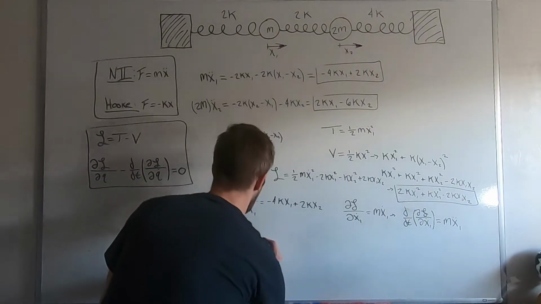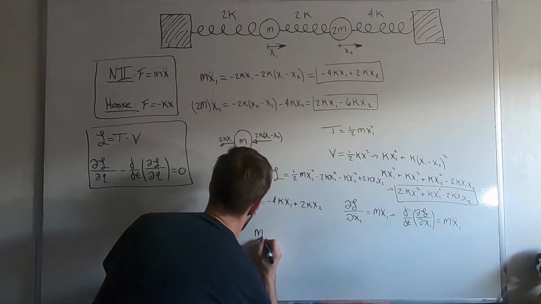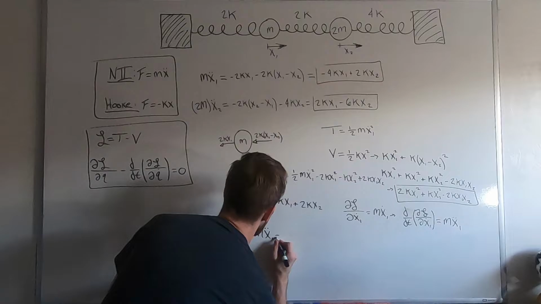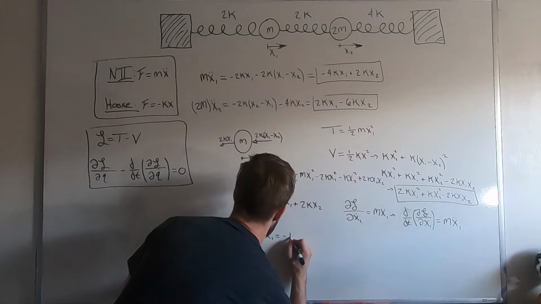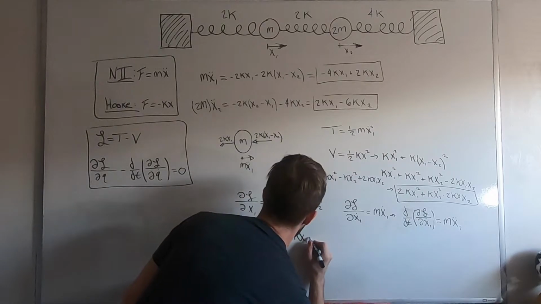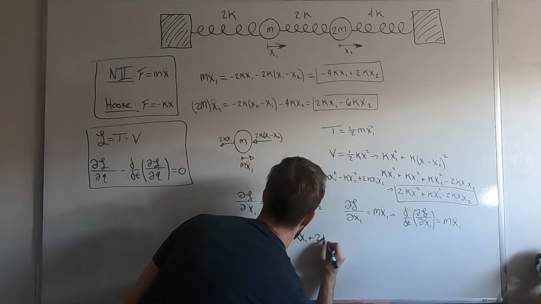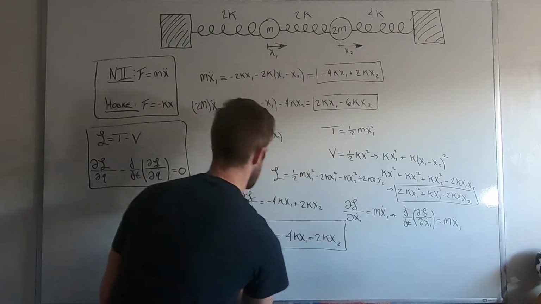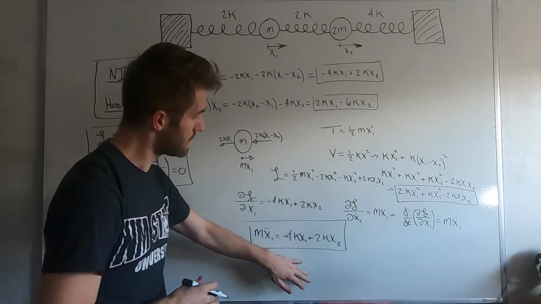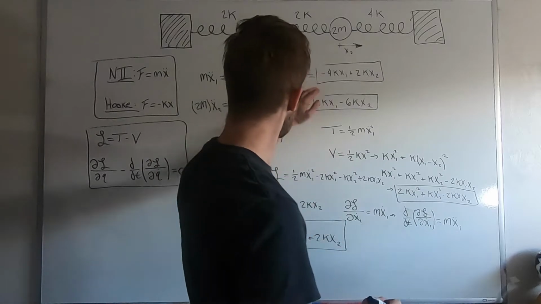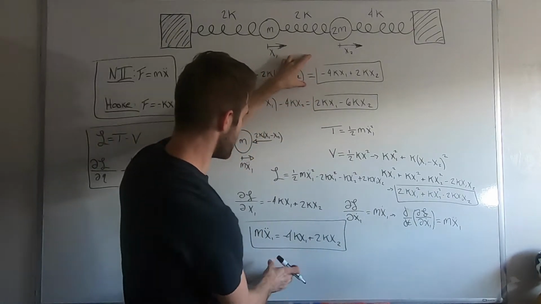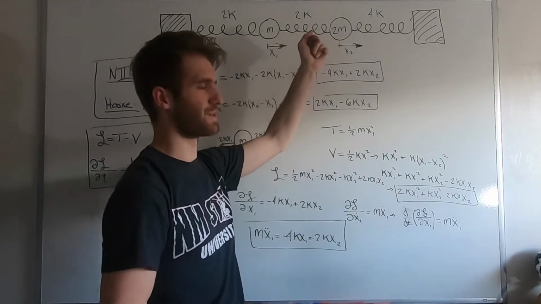So what we end up with is mx double dot sub 1 is equal to minus 4k x sub 1 plus 2k x2. And there we go. Now, does this look how it's supposed to look? Well, as you probably have already noticed at this point, these equations are identical.